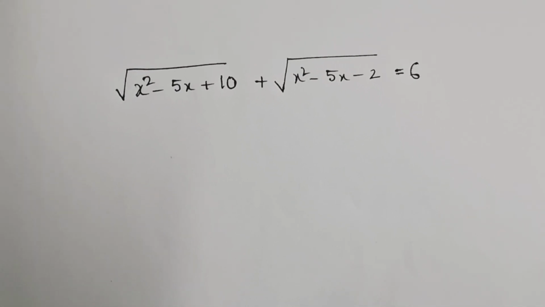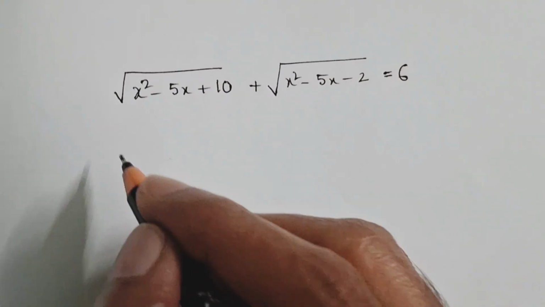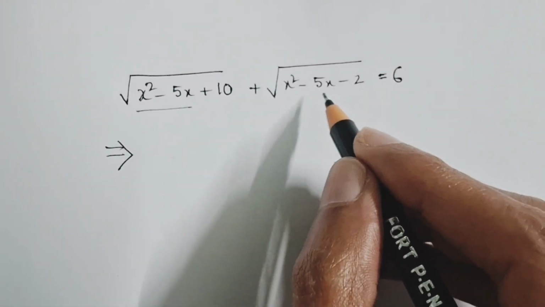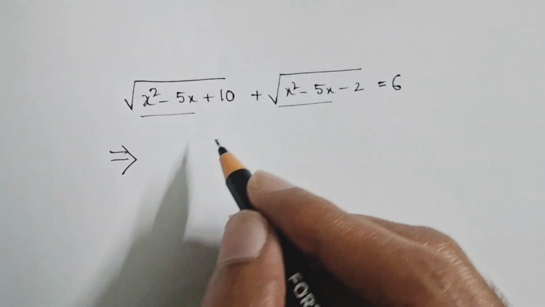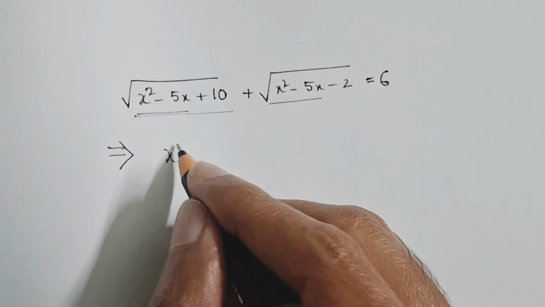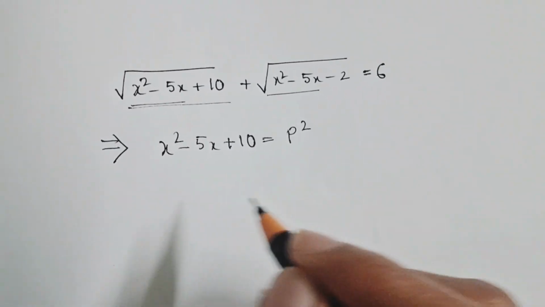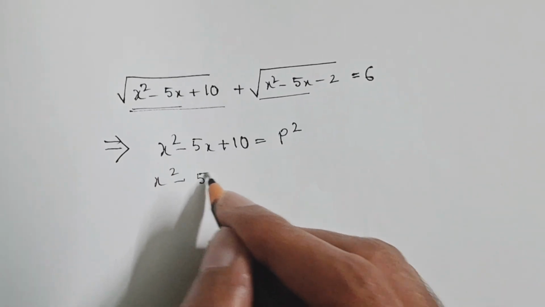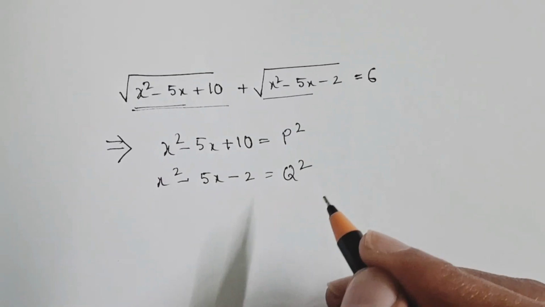How to solve this type of quadratic equation. So let's see, this and this part are the same, right? So let's suppose this is p square, and this part is q square.